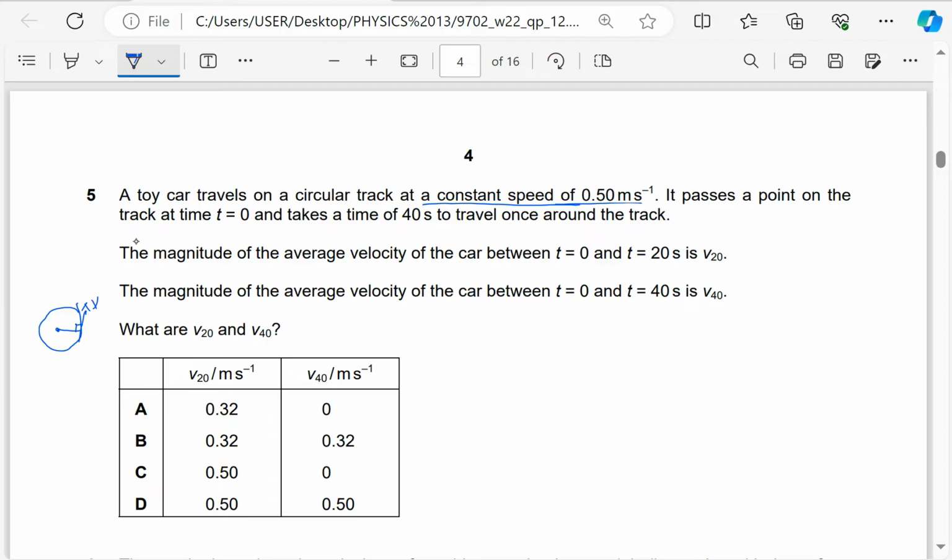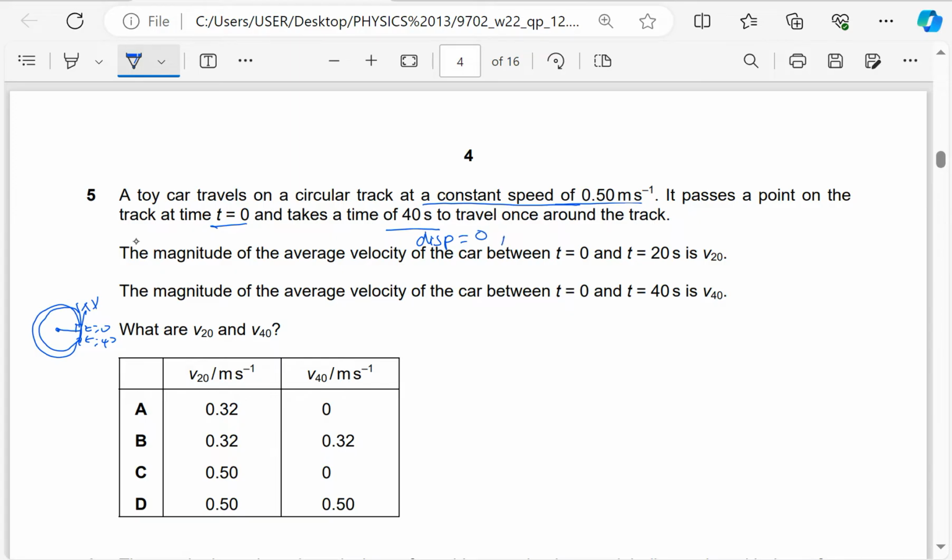If the speed is constant, the magnitude does not change, but the direction keeps changing, which means the velocity changes. It passes a point on the track at time t equals 0, and it takes 40 seconds to travel once. After 40 seconds, t equals 40, it is back at the same point, which means the displacement is 0.